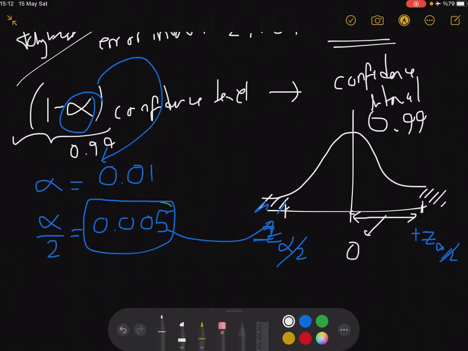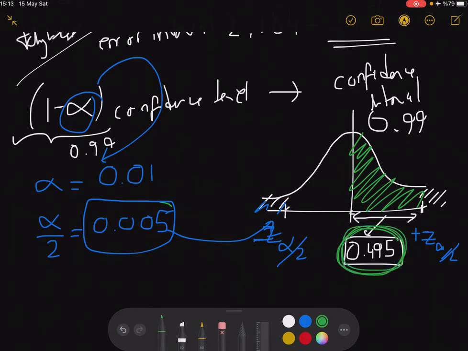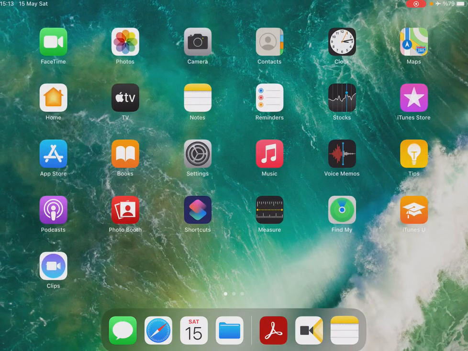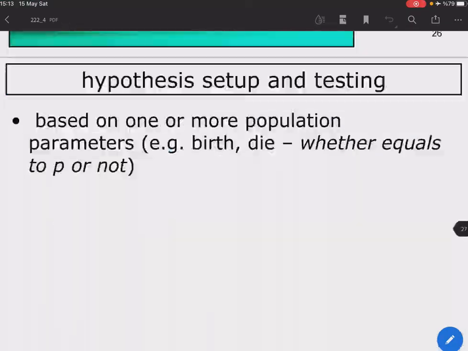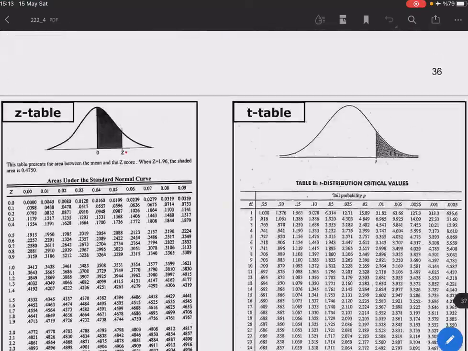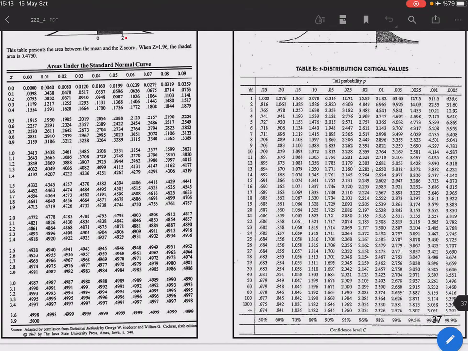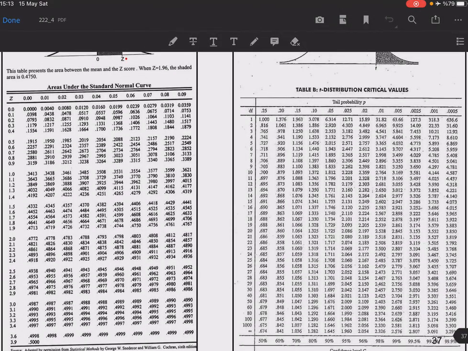It should be this much area covered right here. And I need to look this up from my table. Don't just memorize, rely on our table here.